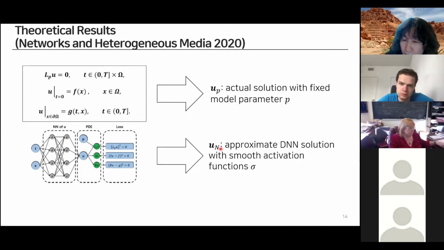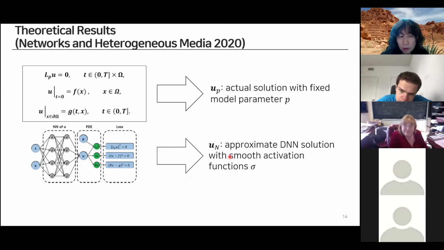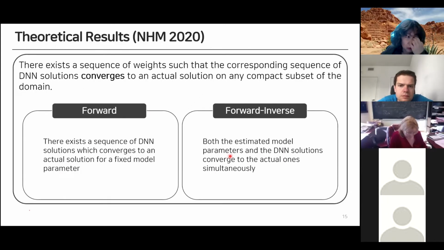And UN is the approximate neural net solution with smooth activation function coming from this neural network architecture.